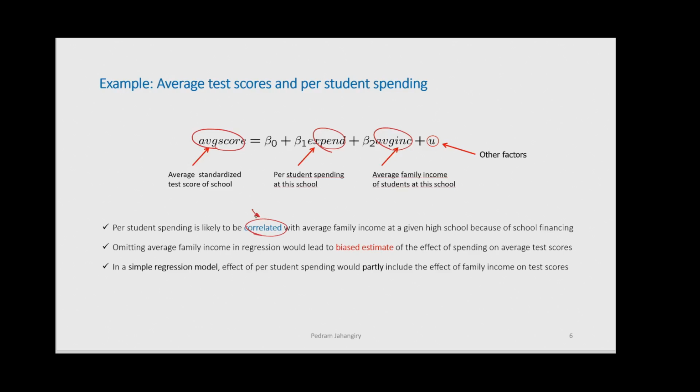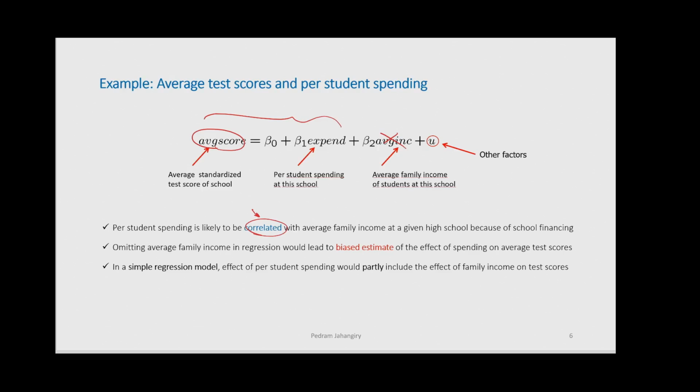If that's the case, then if you, for some reason, drop any of them, either average income or expenditure, it really doesn't matter which one, let's say you drop average income, in other words, you use a simple regression model instead of a multiple regression model, what will happen?